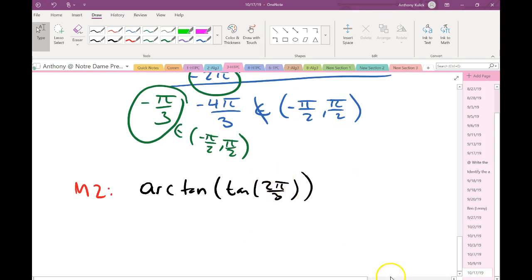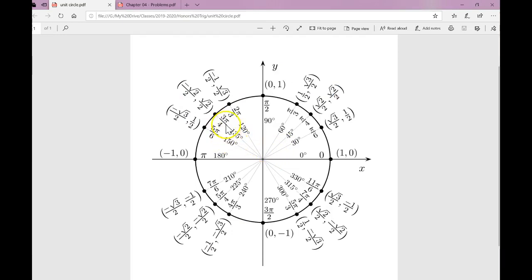So 2 pi over 3 is a unit circle value. If I find 2 pi over 3, that's here. Tangent is sine over cosine, so that's going to just be negative square root 3.